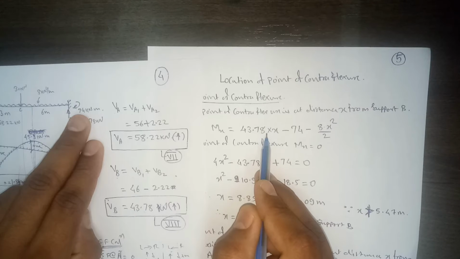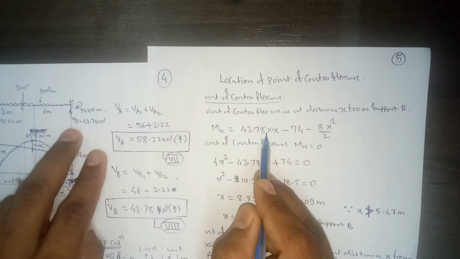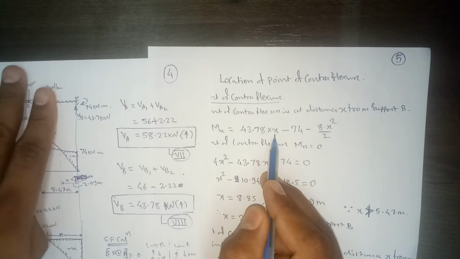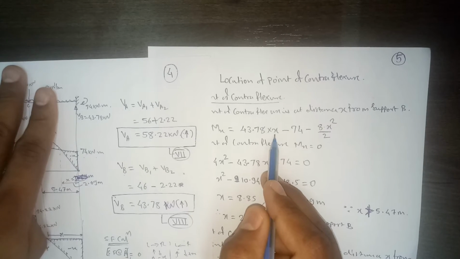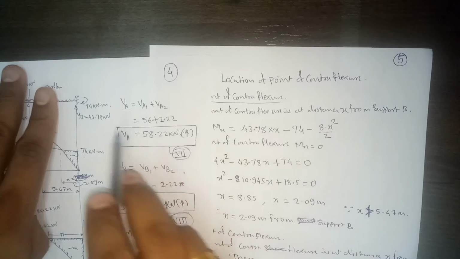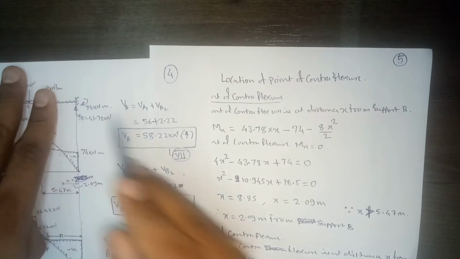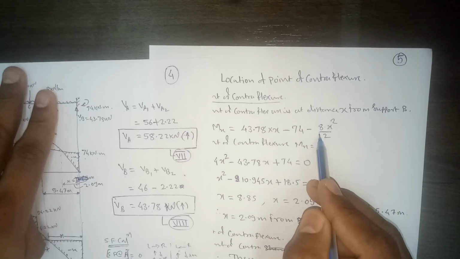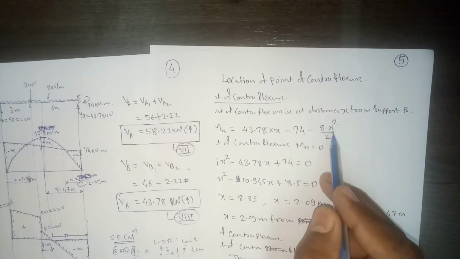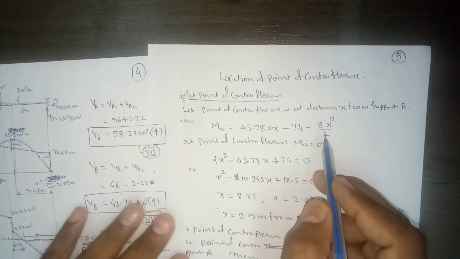this fixed moment, this vertical force multiplied by the x distance. Since we want to calculate the location, we are writing in terms of x: 43.78 x, minus this fixed moment 74, which will be negative. Then due to UDL, it will be 8 multiplied by x squared by 2.